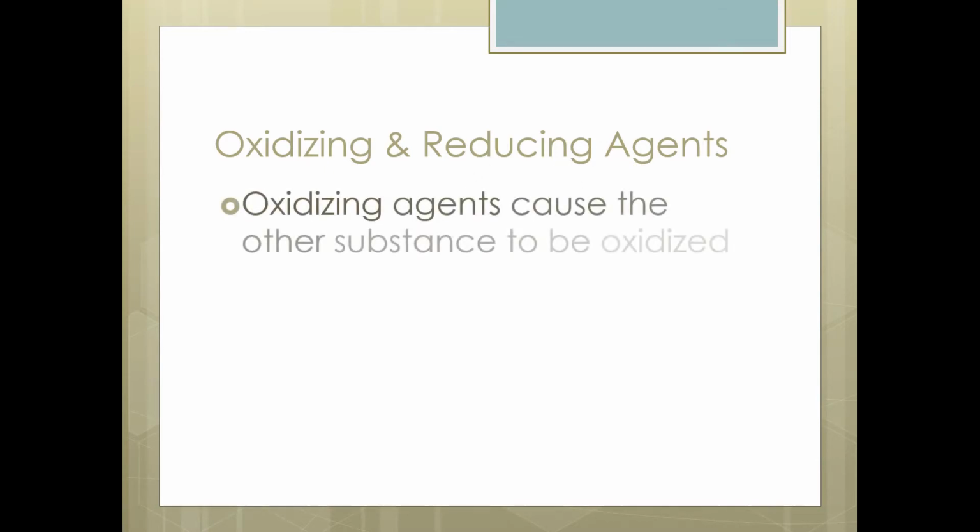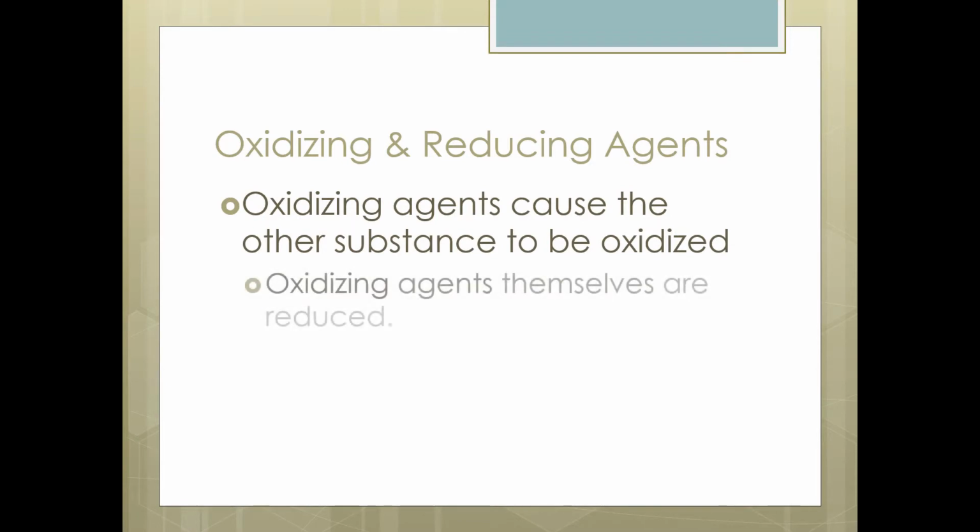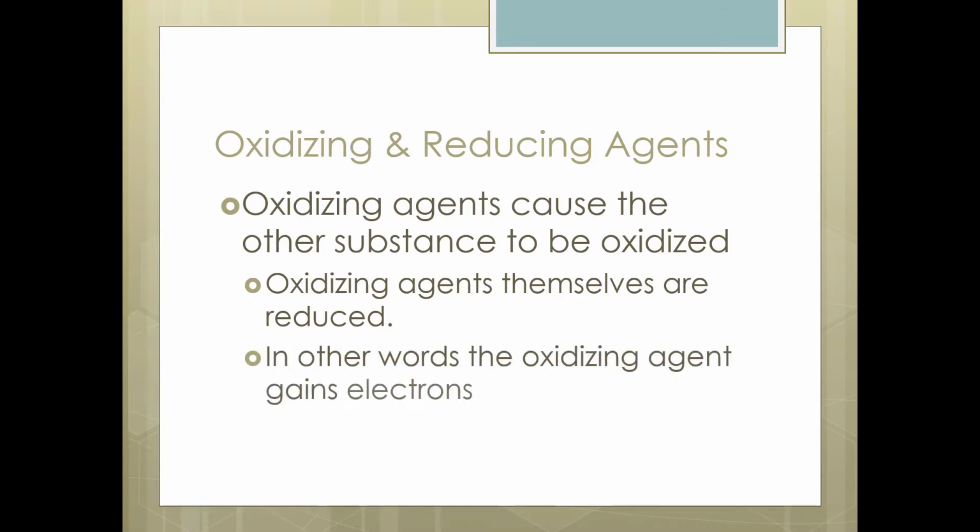Oxidizing agents cause substances to be oxidized. These substances don't actually get oxidized, they cause other things to be oxidized. So an oxidizing agent promotes or makes other substances lose electrons. Because of that, the oxidizing agents will tend to gain the electrons that they've just forced away from the other substance. So keep this in mind.